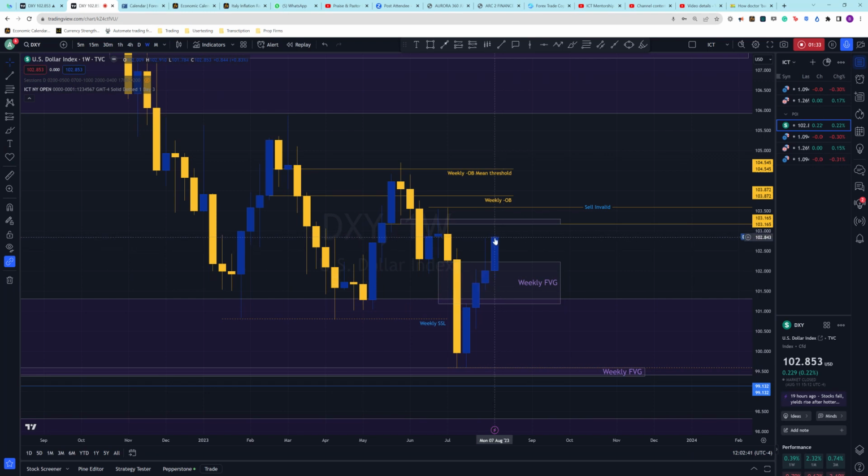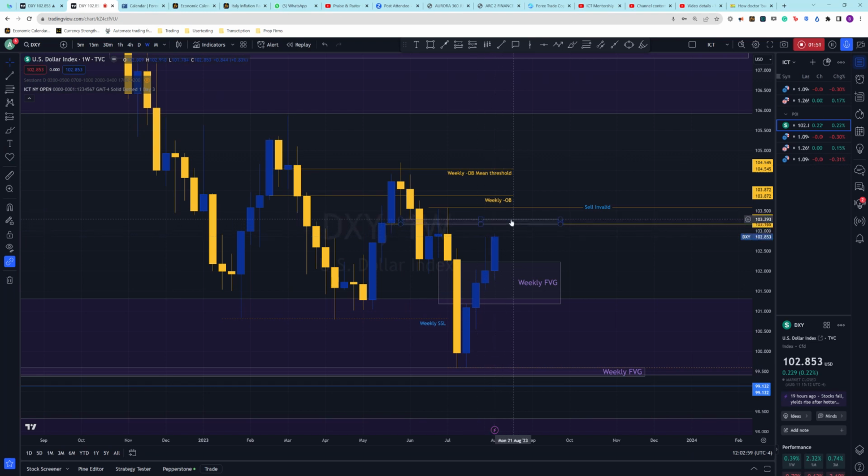Now we don't necessarily know what price is going to do, but we read the signatures price is giving us. Using that understanding, I know that price is most likely going to be gunning for this fair value gap.